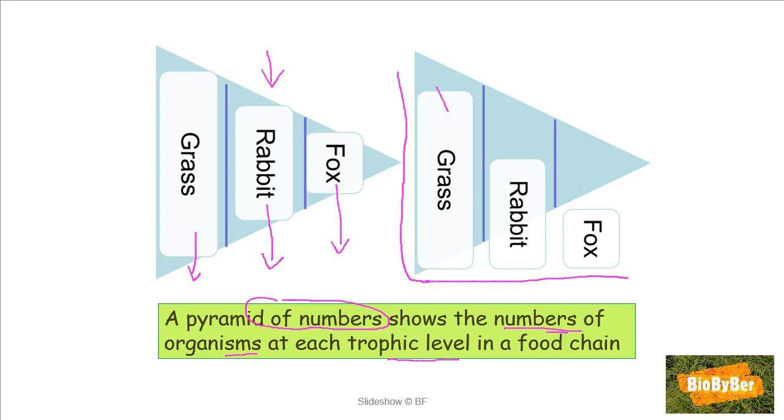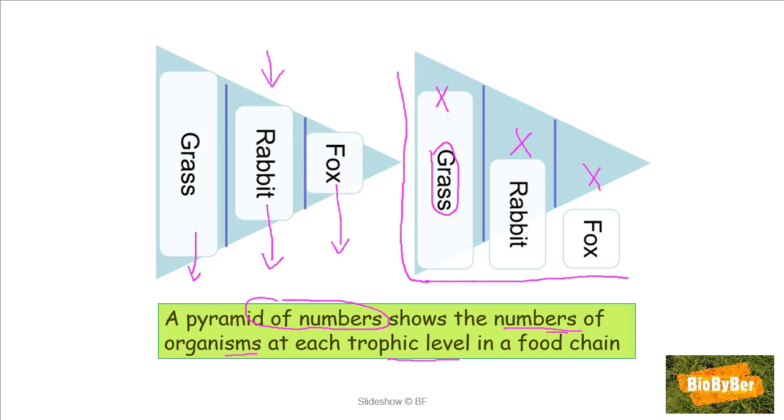The highest bar will be due to the producers because they are the highest number of organisms. Then we can see the primary consumers, and then we have the secondary consumers.